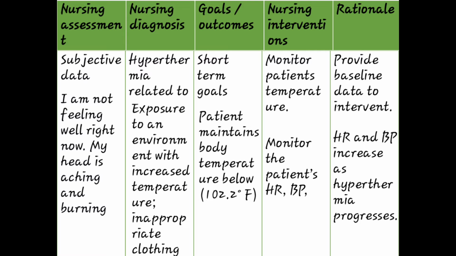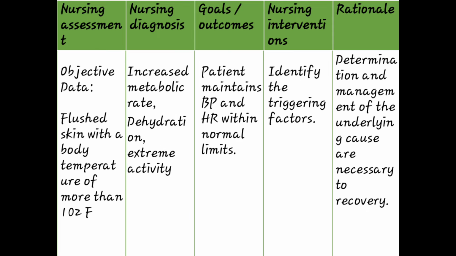It may be related to exposure to an environment with increased temperature or inappropriate clothing, or an increased metabolic rate due to any disease condition like a respiratory disease, or dehydration or extreme activity, which may be evidenced by some signs and symptoms or the patient's verbalization. I have not included the evidence, the signs and symptoms, because we don't have a real case scenario, but you can include the signs and symptoms or the objective assessment signs here.